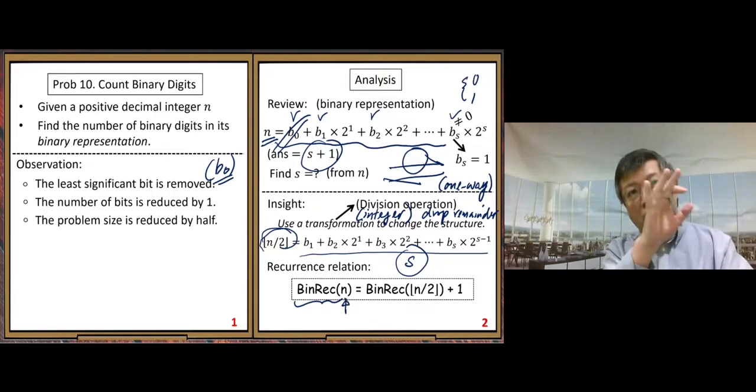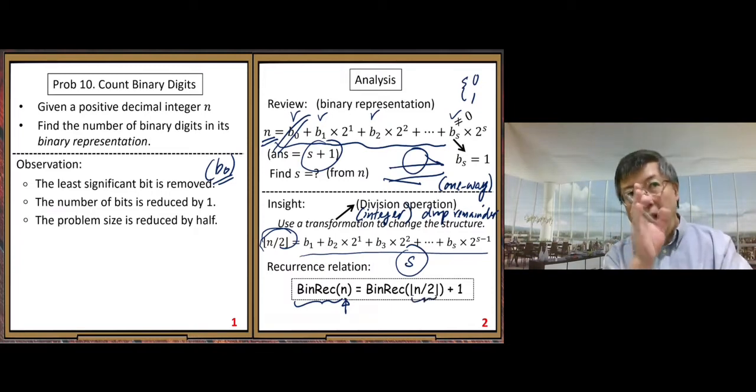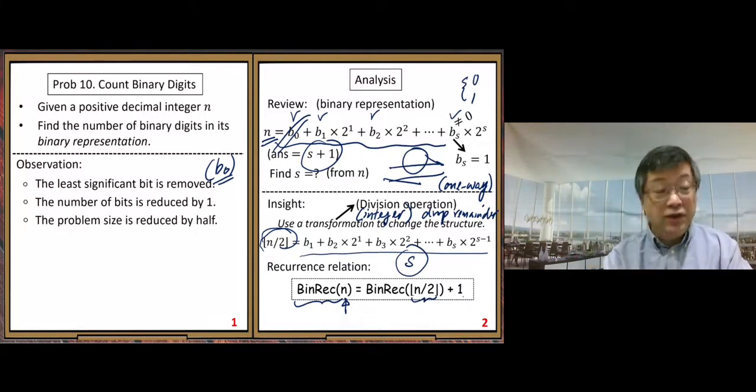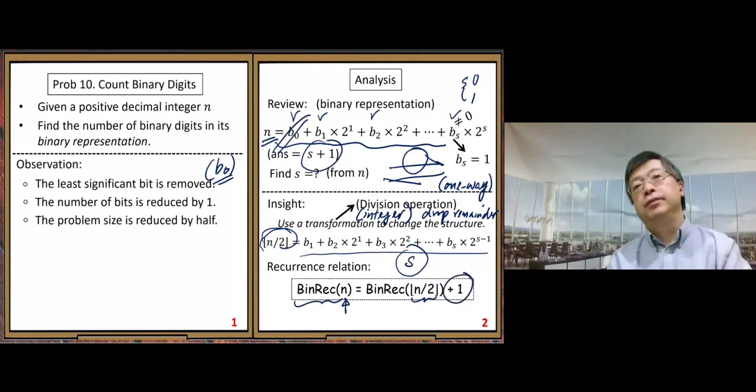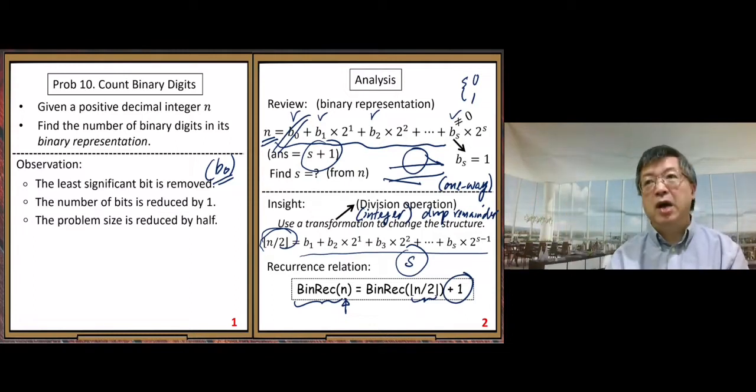It equals the problem size reduced by half, the same function recurrence call, then, because the difference is 1, we need to add 1 back to it. The two sides are equal. That is our recurrence relation.